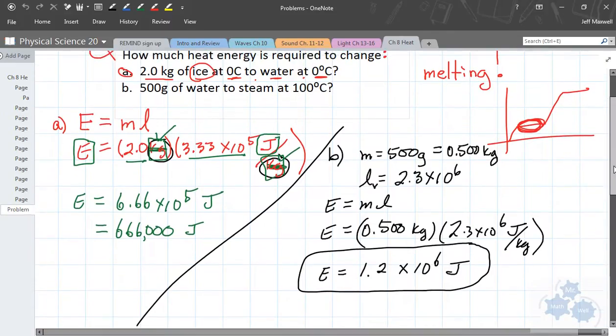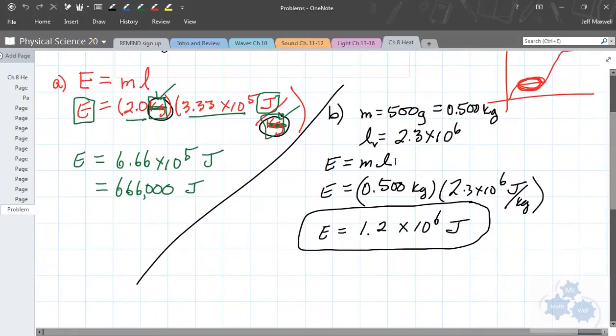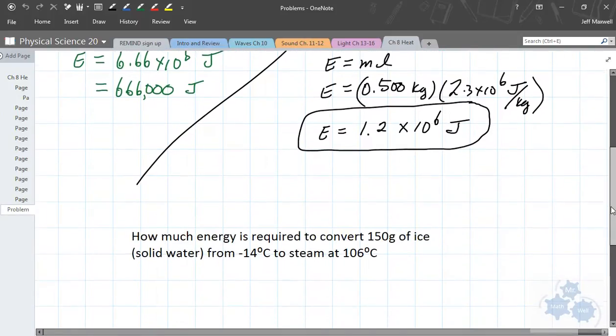All right, so that should be your answer for B there. Again, E equals mL. Make sure you use the latent heat of vaporization for that phase change.